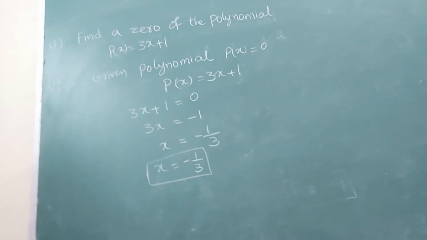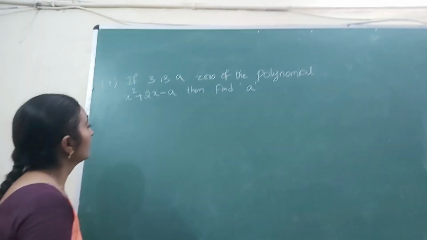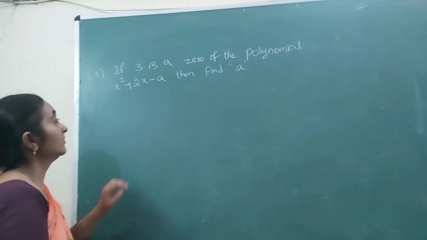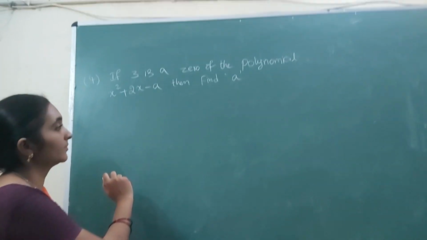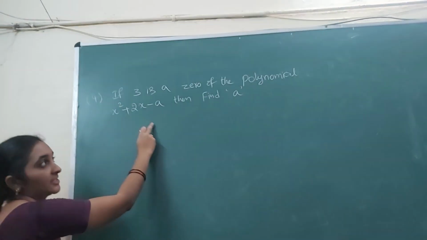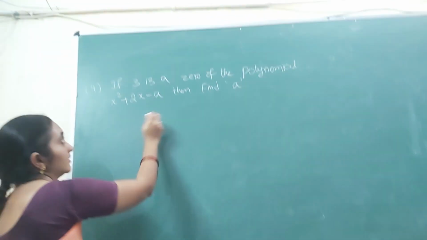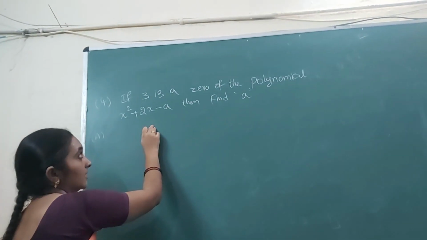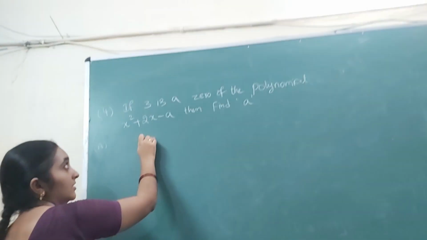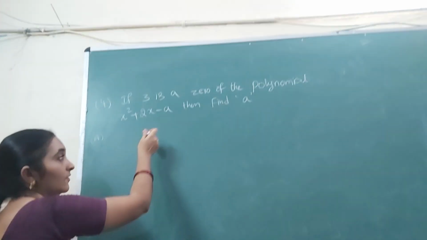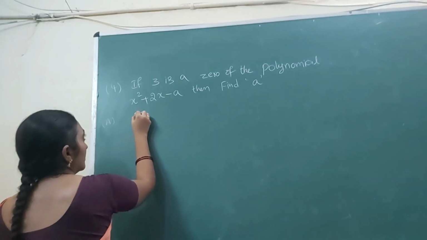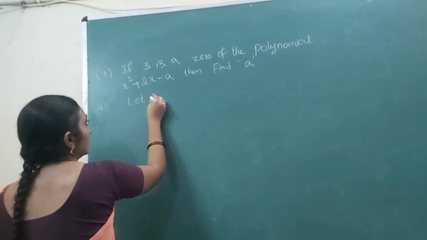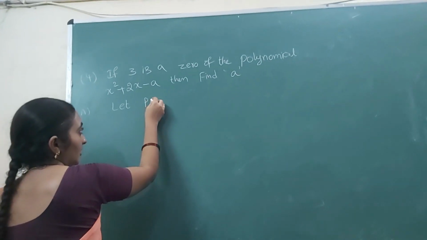Let us take another problem. 2x minus a, then find a. Here in this problem, it is given that 3 is a 0 of the polynomial. So let us take the given polynomial p of x.